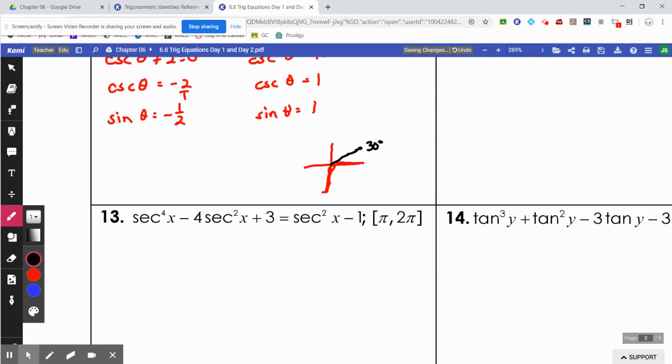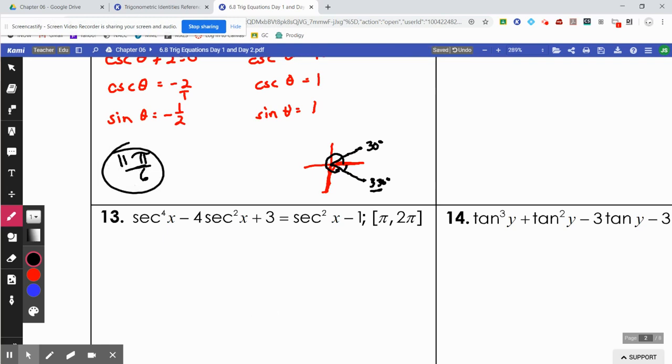So in my fourth quadrant, I could do a negative 30 degrees, or I could say if this is my reference angle of 30 degrees, what is my actual angle? If this is 30, then this part right here would be 360 minus that, which would be 330. So my reference there was pi over 6. And again, I know this is a multiple of it. There are eleven 30s in 330, so that would be 11 pi over 6.